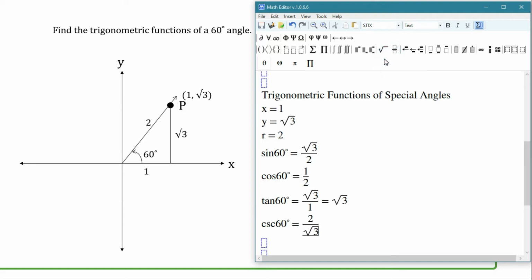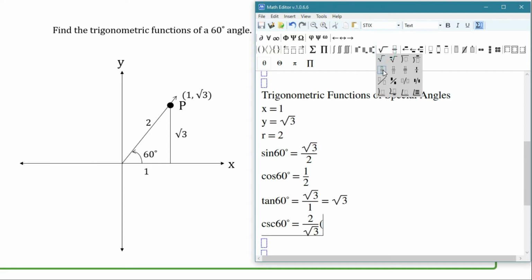Okay? Since we have a radical sign on the denominator, what we're going to do is to rationalize it by multiplying by its conjugate, which is square root of 3 over square root of 3.